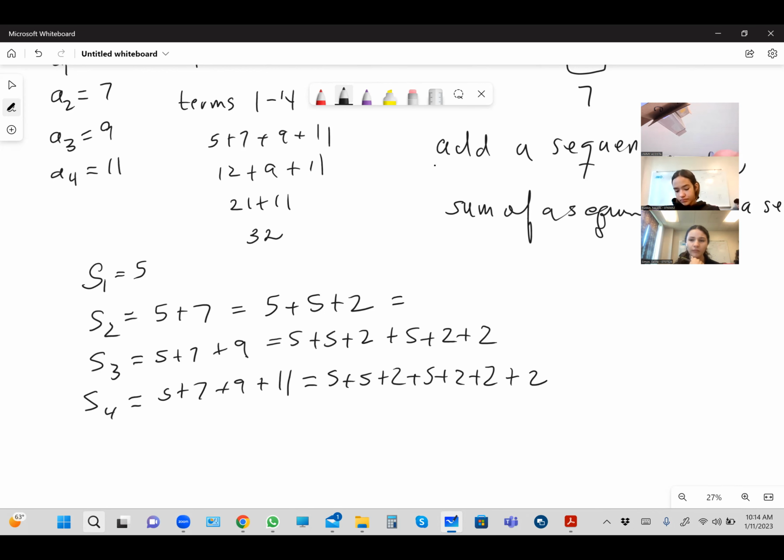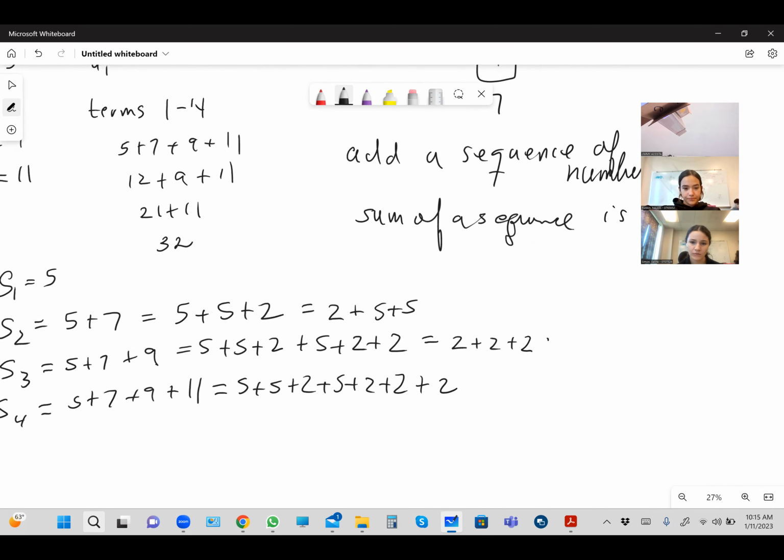So let me rewrite this as 2 plus 5 plus 5. And this is 2 plus 2 plus 2 plus 5 plus 5 plus 5. And this is going to be 2 plus 2 plus 2 plus 2, 2 plus 2 plus 2 plus 2, plus 5 plus 5 plus 5 plus 5 plus 5.